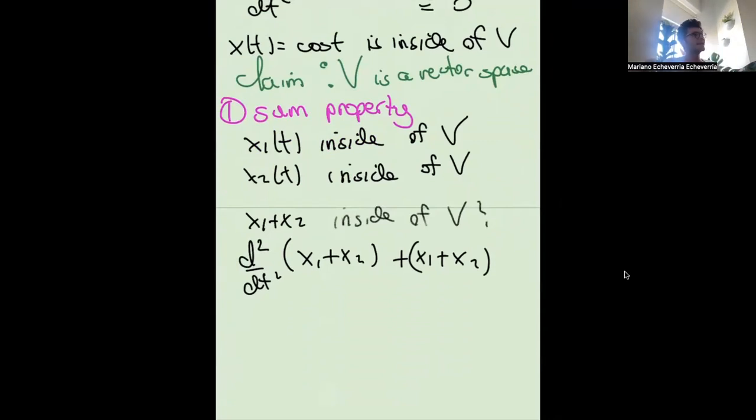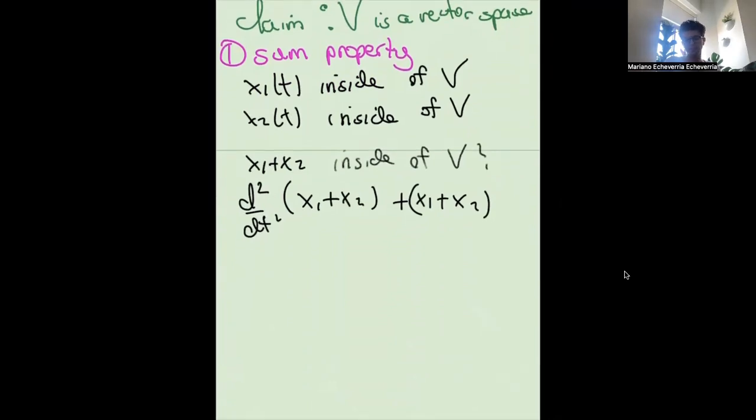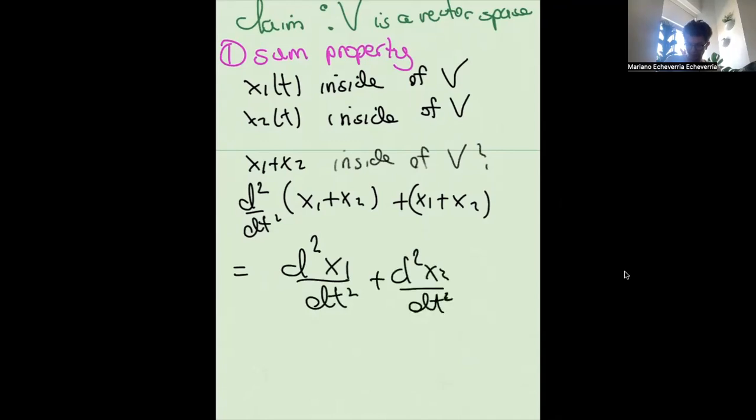This is sometimes called the linearity property, and that's actually related to the same use of the word linear in this linear algebra course. So it's kind of the same idea. So this is the second derivative of x1 with respect to t squared plus the second derivative of x2 with respect to t squared plus x1 plus x2.